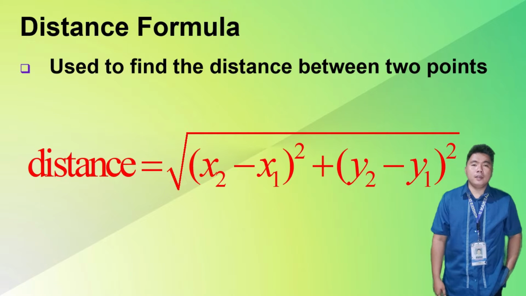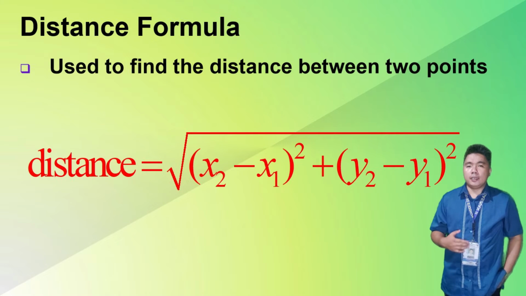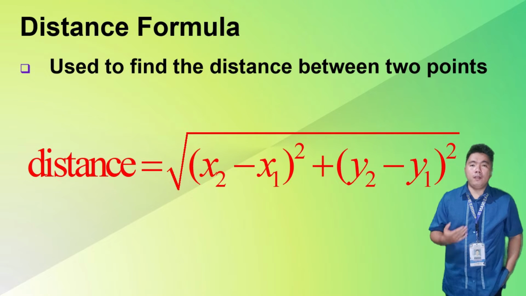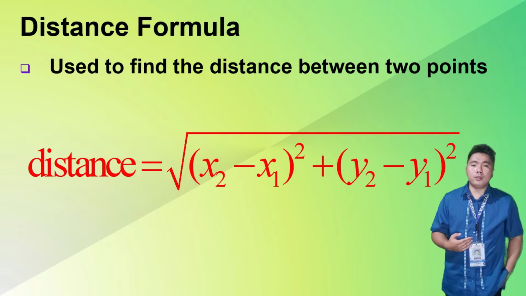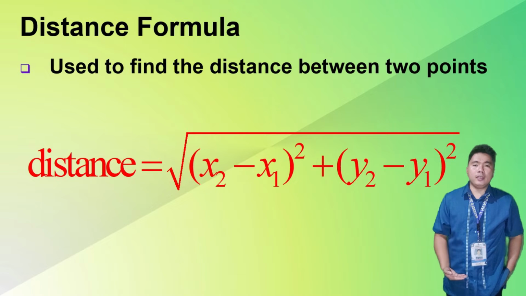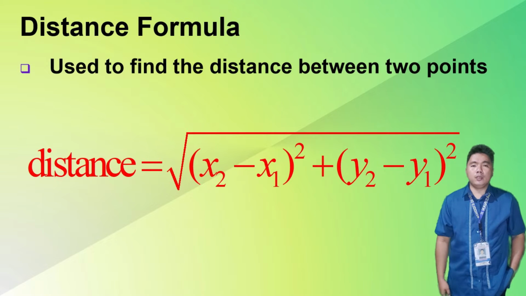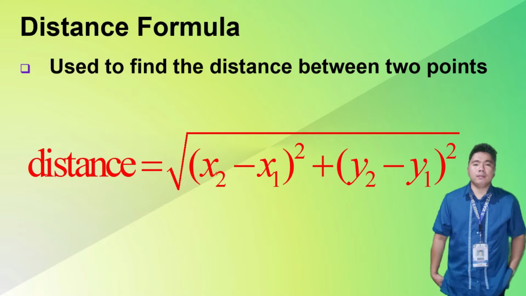Okay, let's start by defining what a distance formula is. A distance formula is used to find the distance between 2 points, and it is actually derived from the Pythagorean theorem, which is c squared is equal to a squared plus b squared, or by simplifying it, c is equal to the square root of a squared plus b squared.